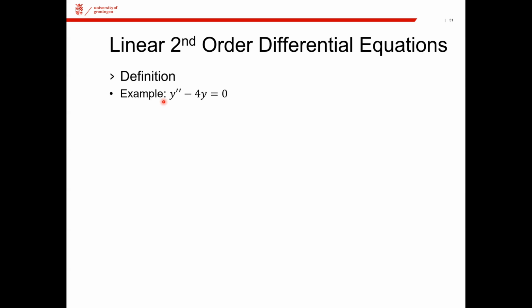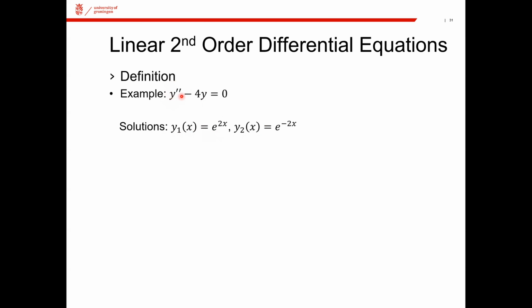For example, y prime prime minus 4y equals 0. Well, we can have two solutions. The y1(x) equals e to the power of 2x.